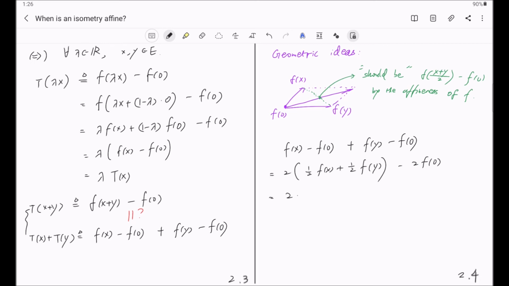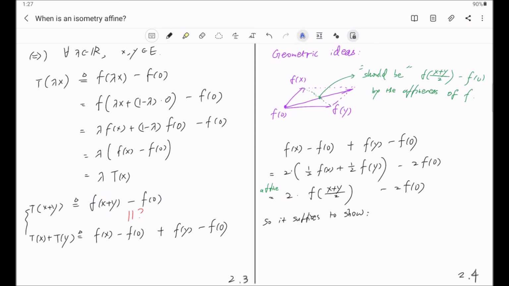And this first part will be equal to 2 times f of (x plus y) divided by 2, by the affinity of f, that f preserves any point on the line through x and y proportionally, minus 2 times f of 0. So this is by the affinity of f. So now it suffices to show that this guy is equal to this guy.